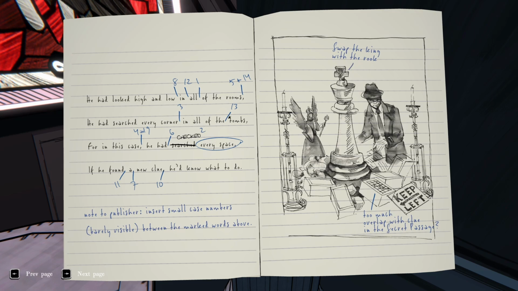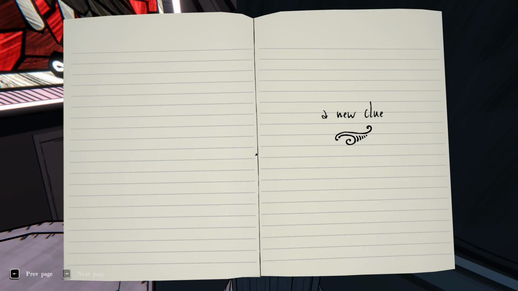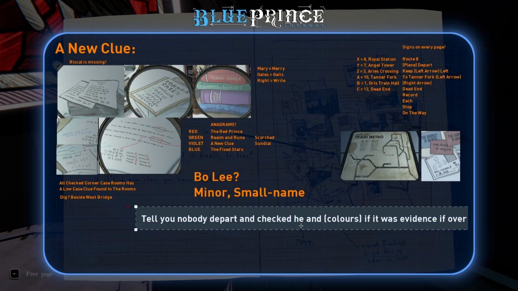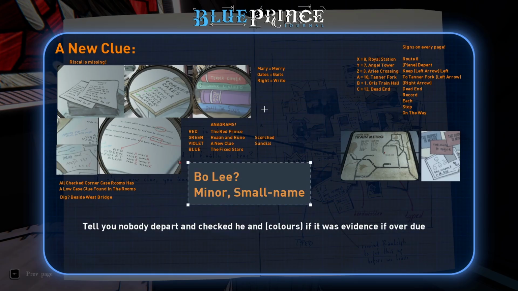The numbers are all the same. But the fact that this is and instead of plus here makes me think that there is something. Tell you nobody and checked. Maybe it's and checked. I feel like it must be something. And this is what I got.